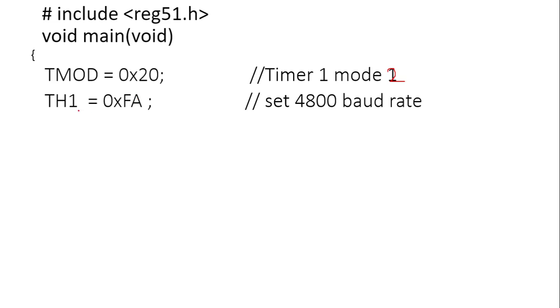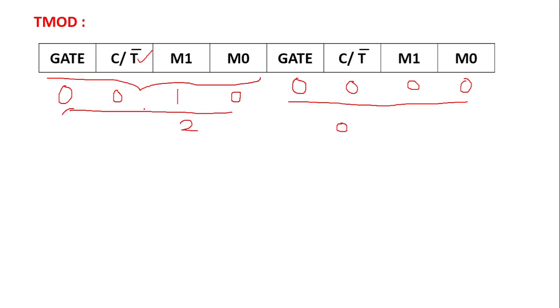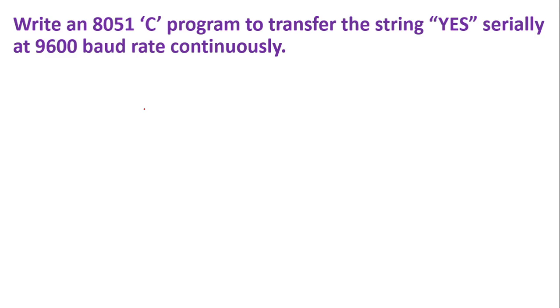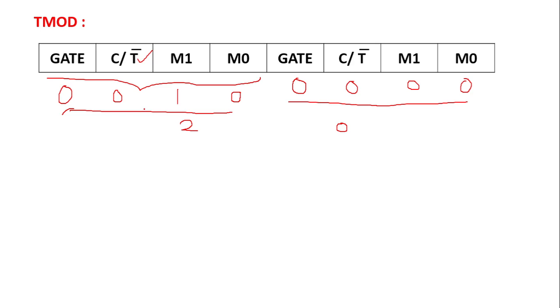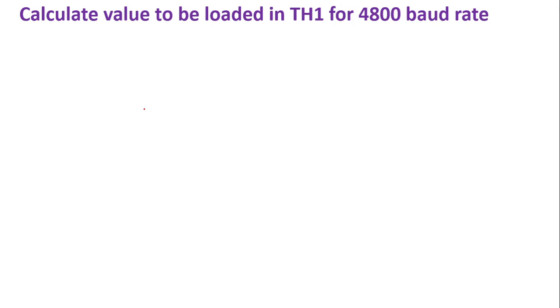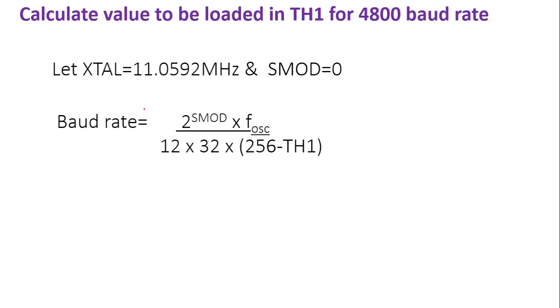The next step is to load TH1 with an appropriate value which will be responsible for setting the baud rate of 4800. I have loaded TH1 with the value FA. Now why FA? Again we will go to the explanation part. In order to set the baud rate of serial communication, we have to use a formula.